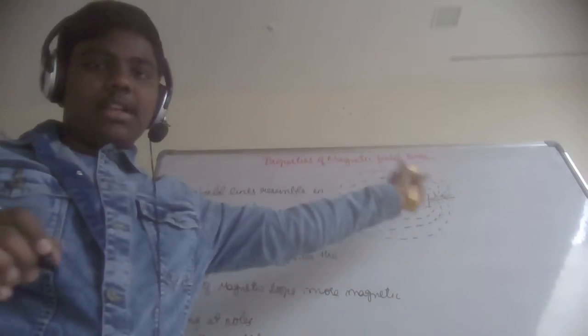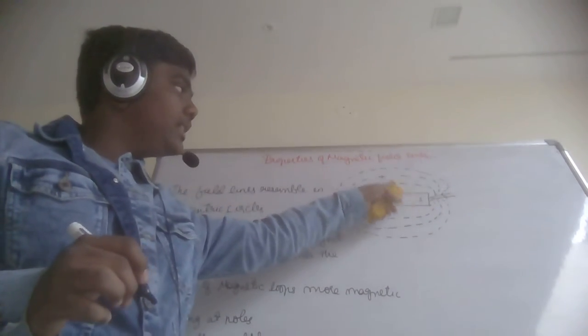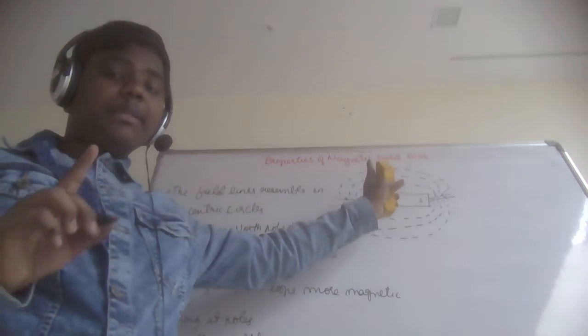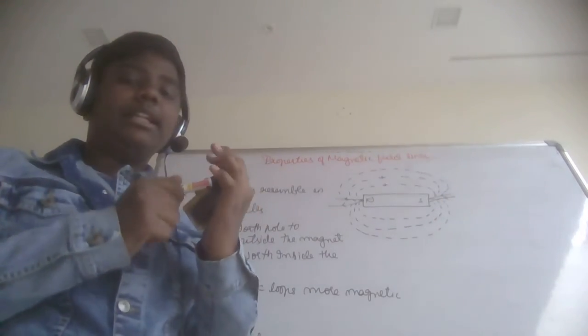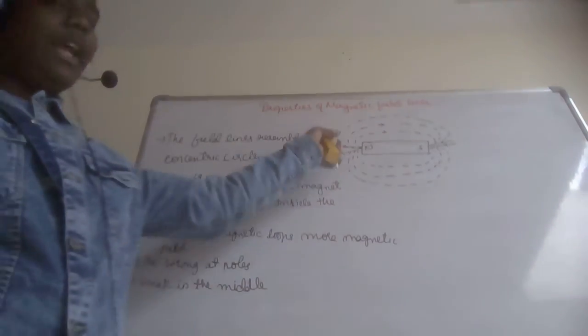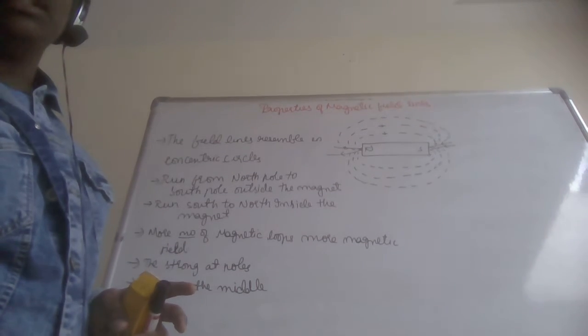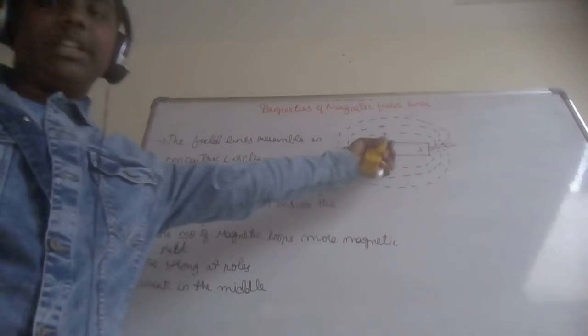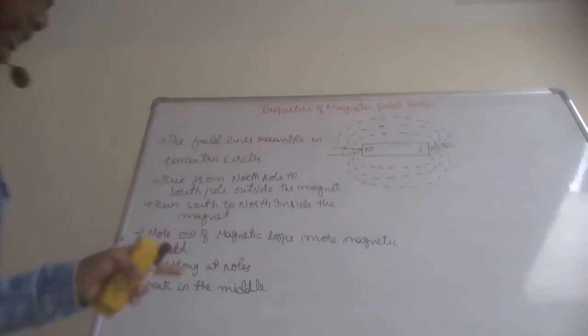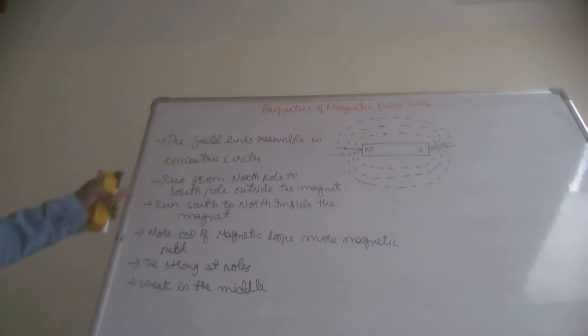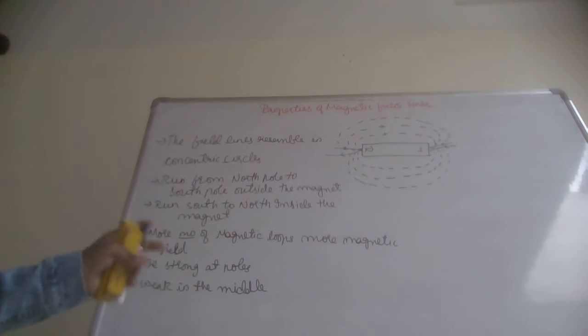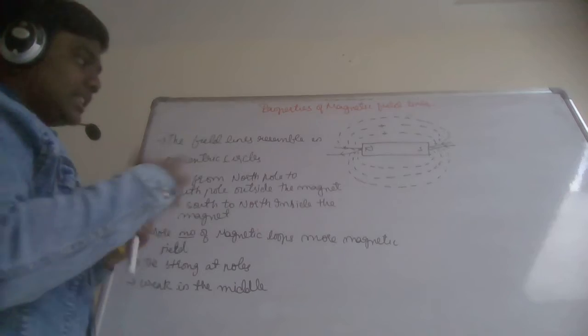They are not formed in the middle. They are formed at the corners, which means the magnet is stronger there. It shows its strength only at the poles and is weak near the center of the magnet. So these are the six properties of magnetic field lines.